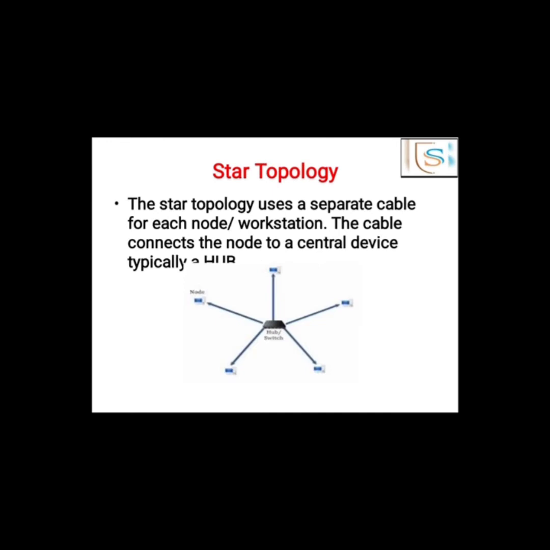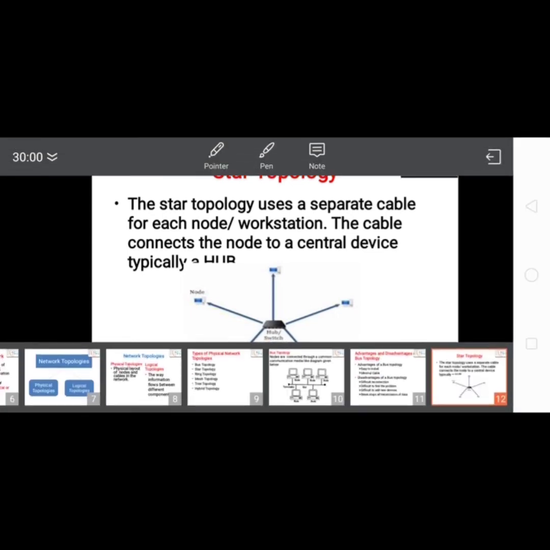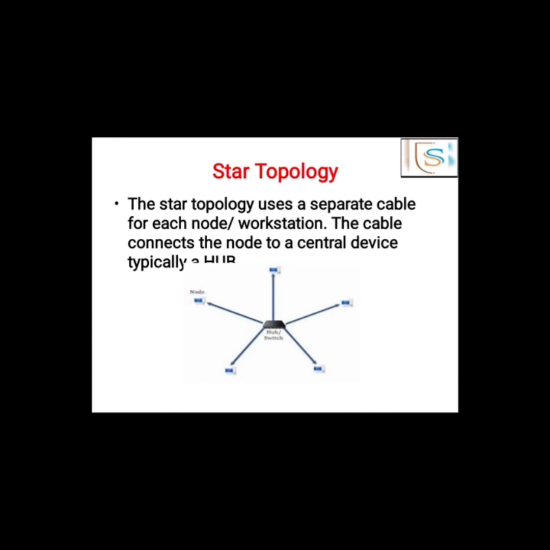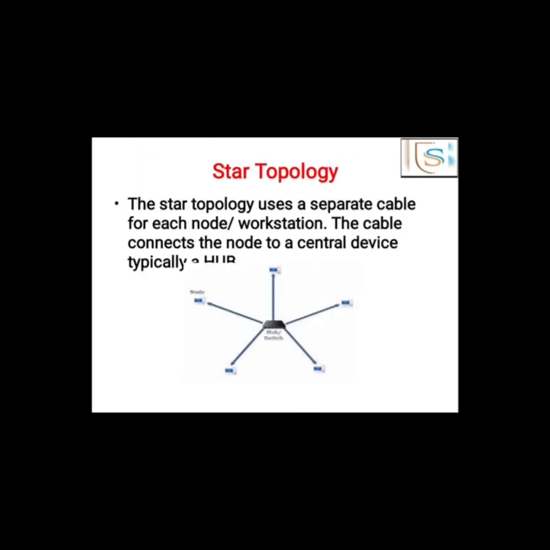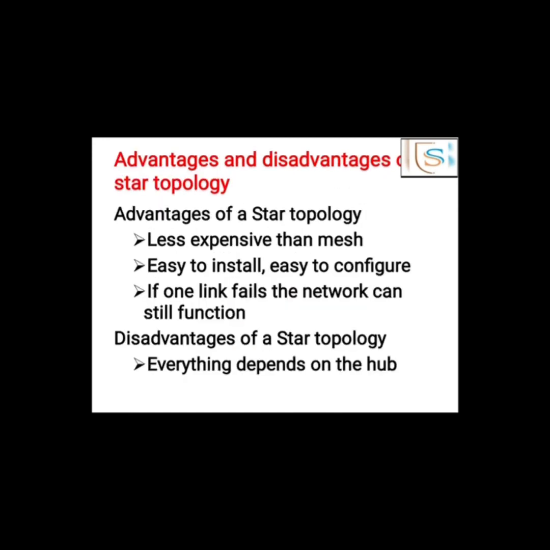Here in the star topology, the main working part is the hub, and all other computers are connected to this particular device. The central device, the hub, is the main thing we use in the star topology. We can have many kinds of hub, like active hub, intelligent hub, and passive hub.